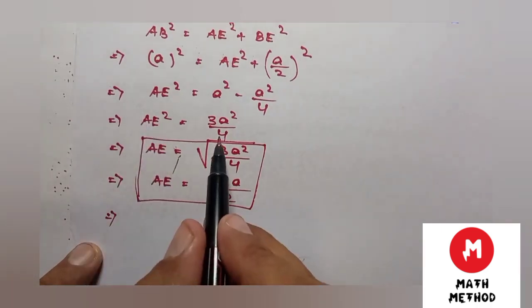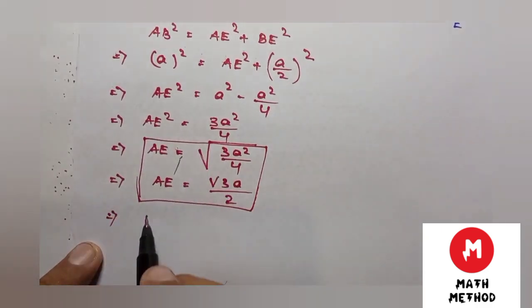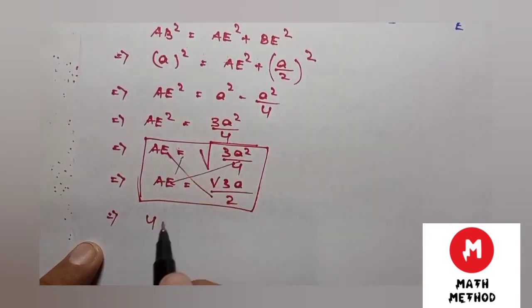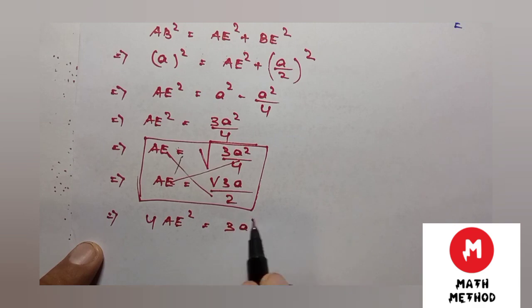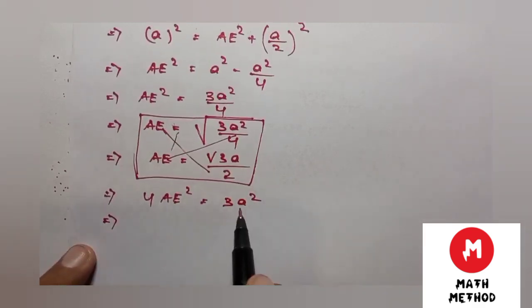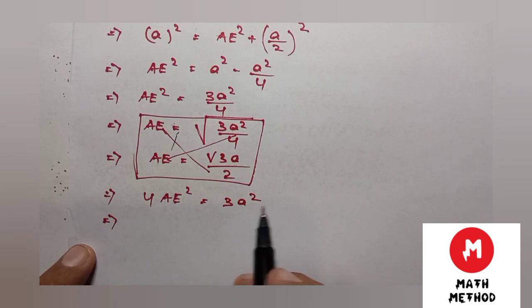Now cross multiply: 4 into AE square is equal to 3A square. In place of A, I will write side, and AE is our altitude.